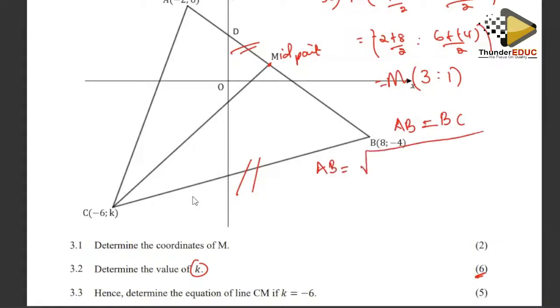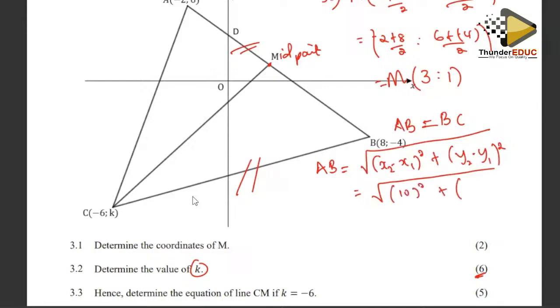So the distance formula is going to be x2 minus x1 squared plus y2 minus y1, everything squared. When I do the substitution, that's going to be 8 minus minus 2, which is going to be a 10 squared, and then -4 minus 6, which is also -10 squared.